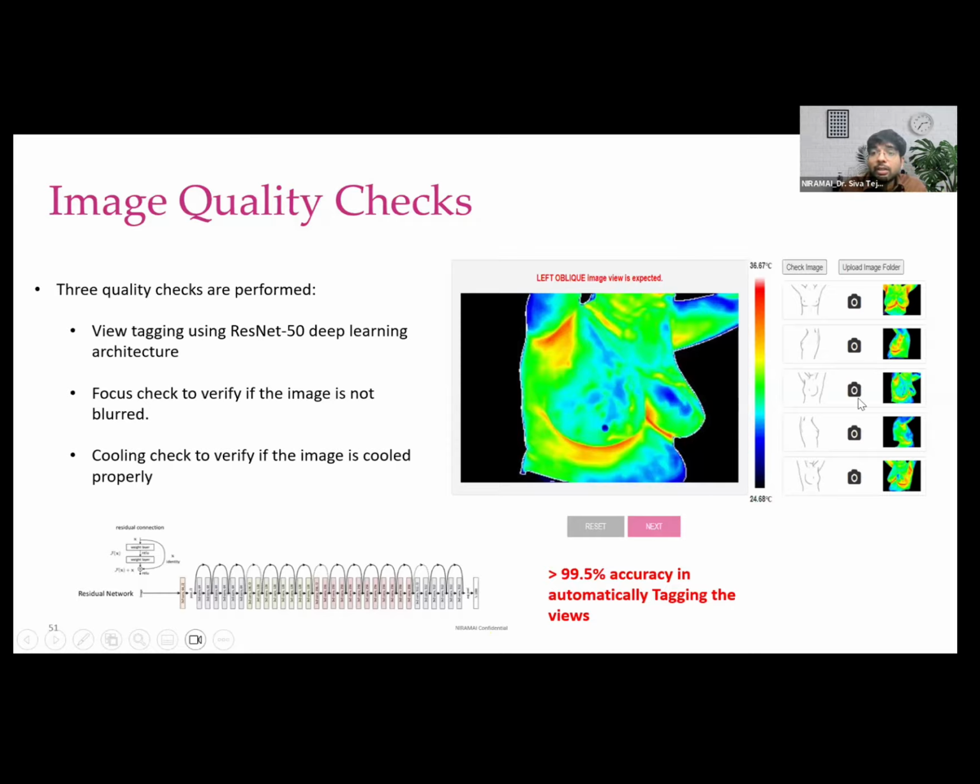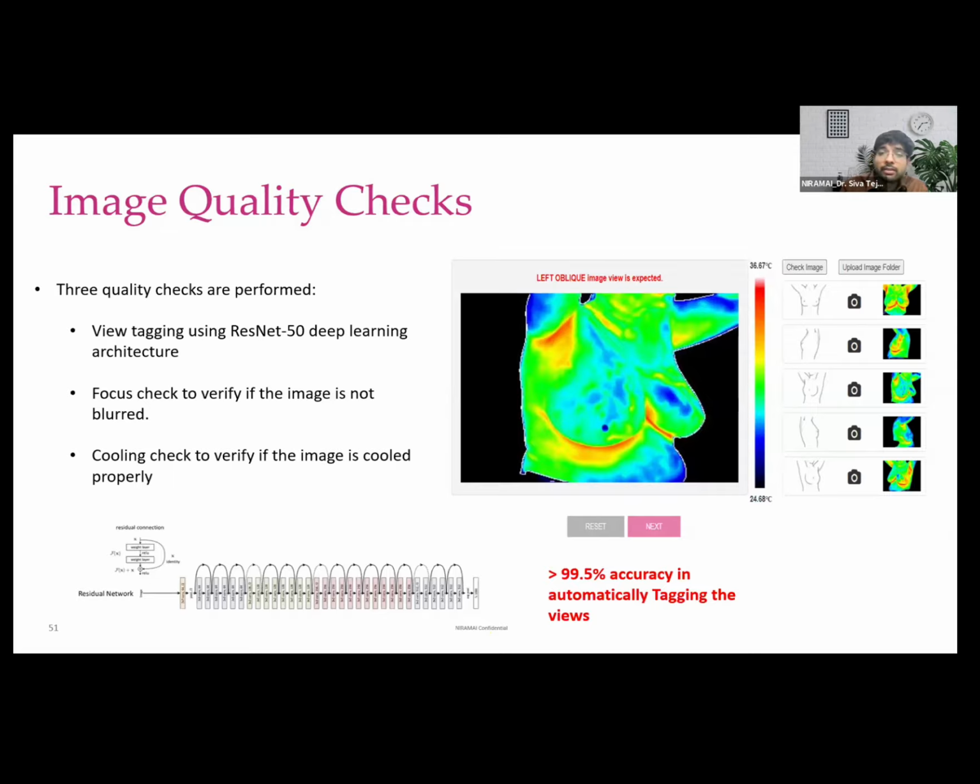So in this scenario, the technician uploaded a right breast image for a left oblique view, because the right breast of the patient is on the left side of the technician. So what happens with this kind of error is, instead of saying malignancy is on the right side, you would end up saying malignancy is on the left side, and the patient will go for a follow-up on the left side, and you might end up finding no cancer.